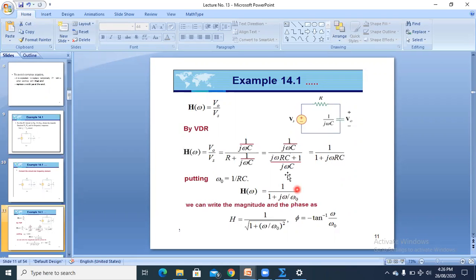So if this is the frequency response, how can we split the magnitude and phase? The magnitude is, in fact, we take the square of the real and the imaginary parts and take the square root.